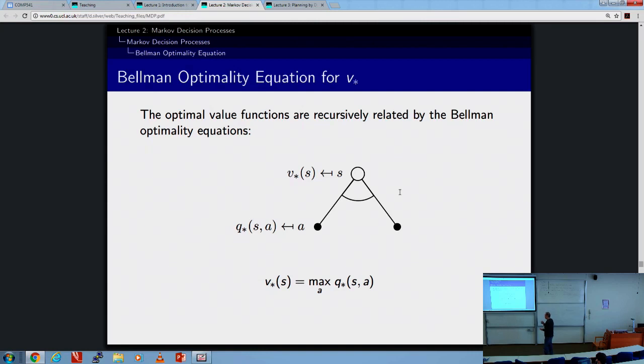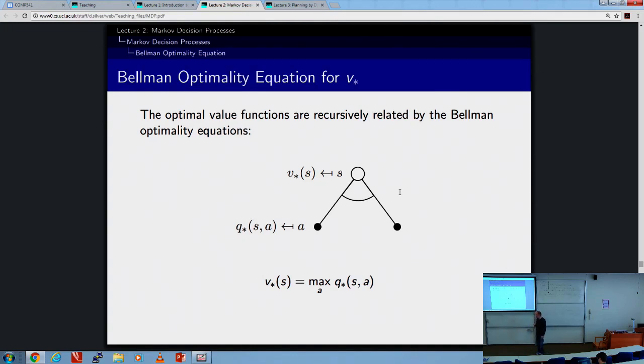Now, for the optimal policy, there is another set of equations that these values must satisfy. If you can find values that satisfy these equations, then you know you have the optimal values, which tells you what the optimal policy is. Isn't that great? And these are very similar to the expectation equations, but instead of summations with probabilities, we have maximizations.